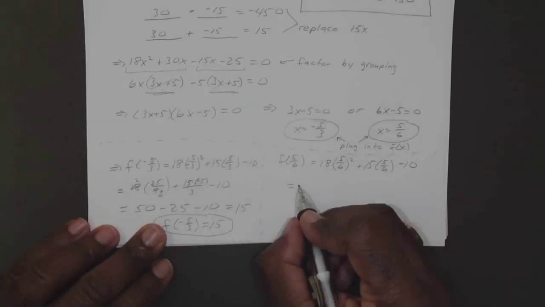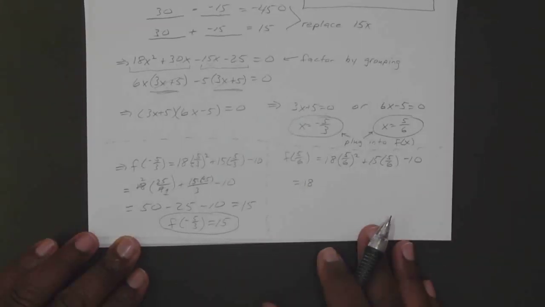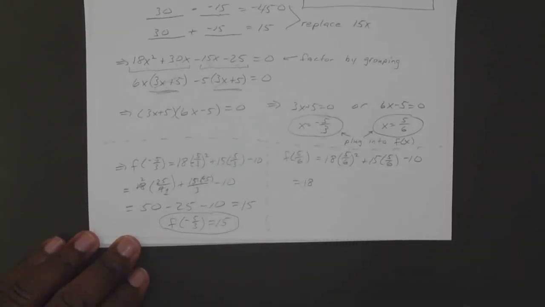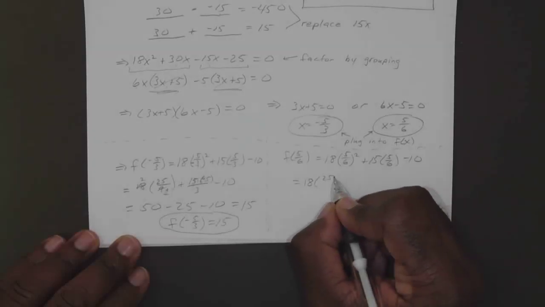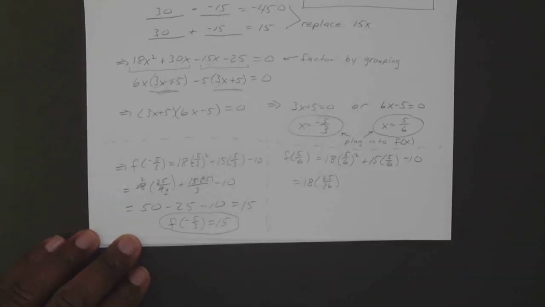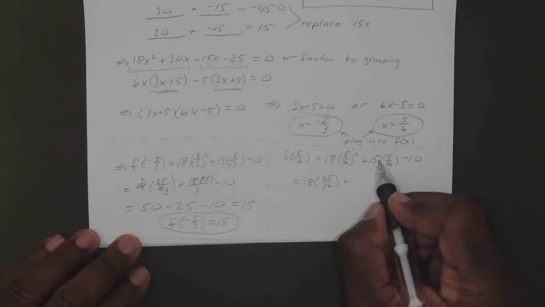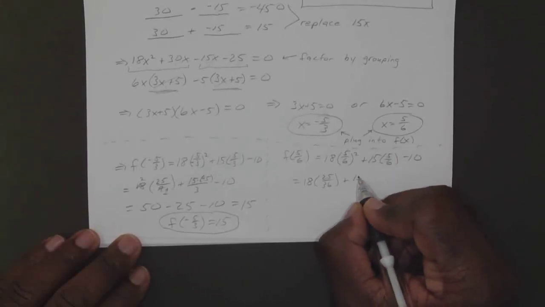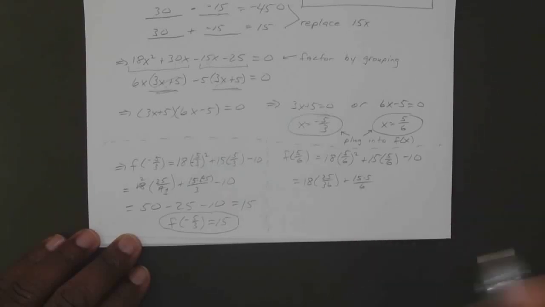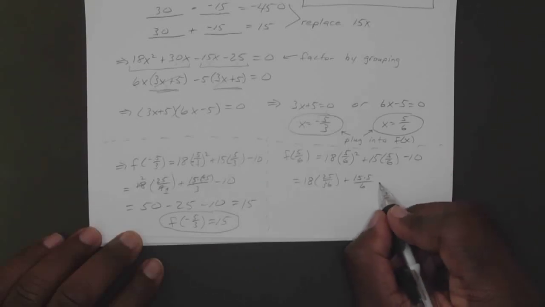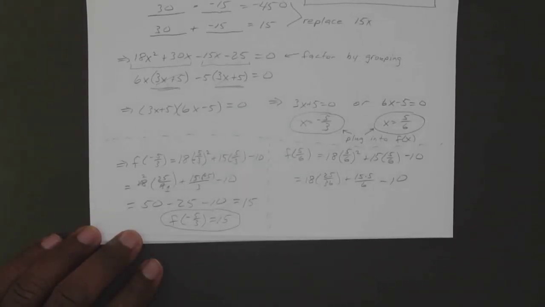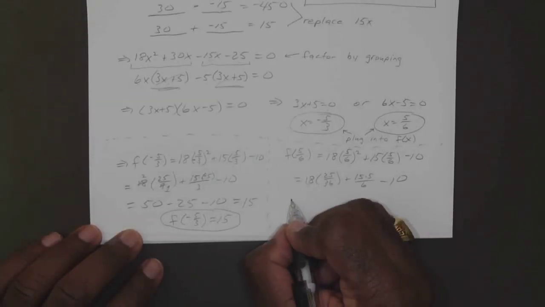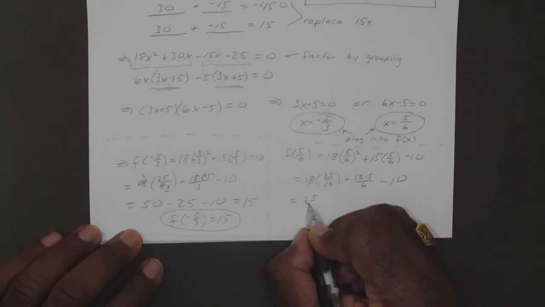Which will equal 18 times 5 over 6 times 5 over 6, which is 25 over 36, plus 15 times 5 over 6 if you wanted to, minus 10. The 18 and the 36 will cancel out. 18 goes into 18 once, 18 goes into 36 twice. So you end up with 25 over 2.